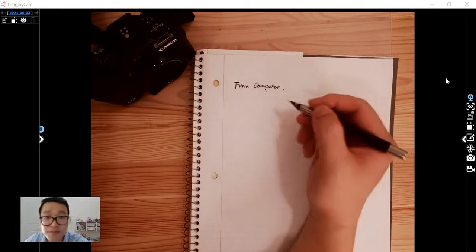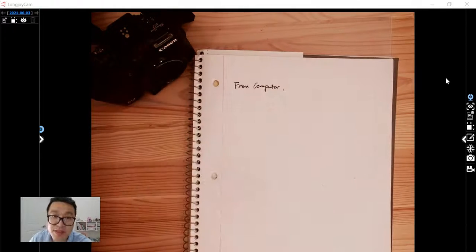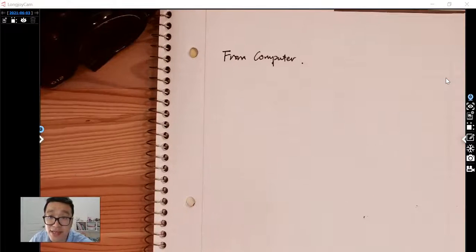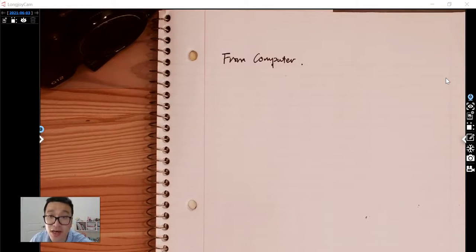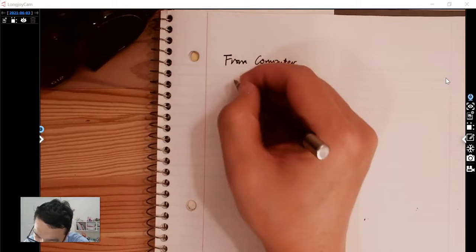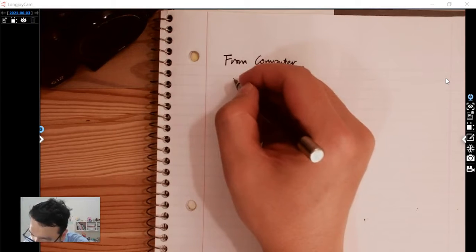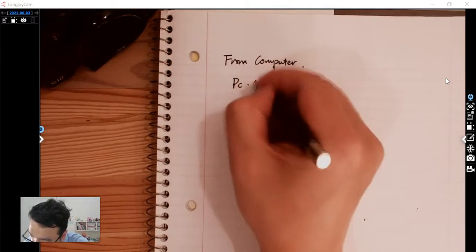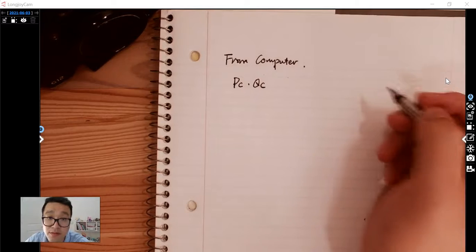First of all, we should write down for the computer industry the conditions under perfect competition, which is: price of computer times quantity of computer, which is the total revenue of computer, equals what?